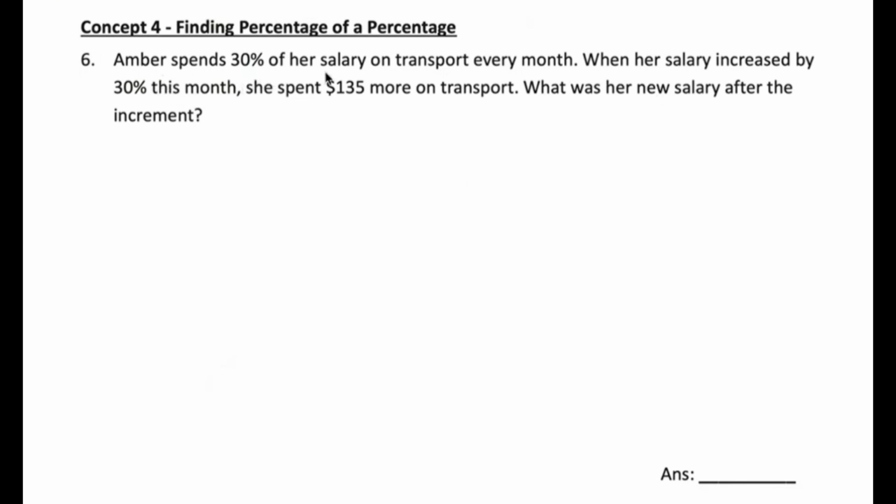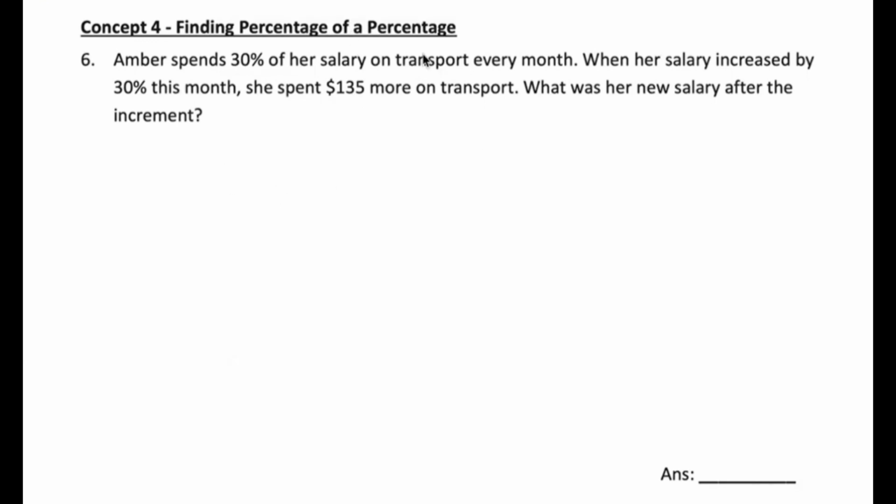So Amber spent 30% on transport every month, right? So when it increased, she will still continue to spend 30% of the new salary on transport. One way to convert percentage to something easier to solve, in my opinion, is to treat 100% as 100 units.